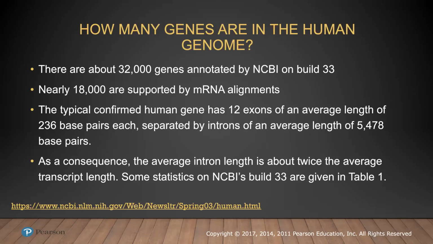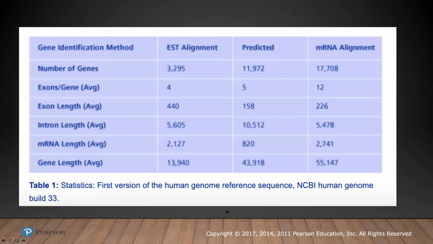And so the next slide is a table from, again, that website, showing us the number of genes that they were able to discover, so 17,708 with those messenger RNA alignments, meaning, again, I can make a messenger RNA transcript.